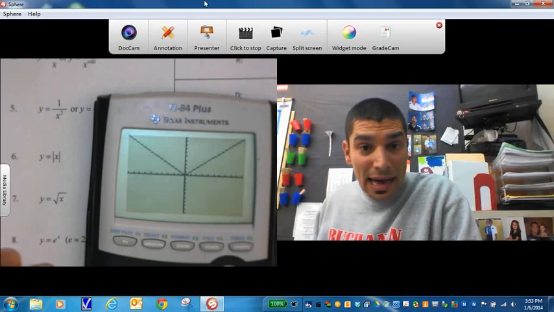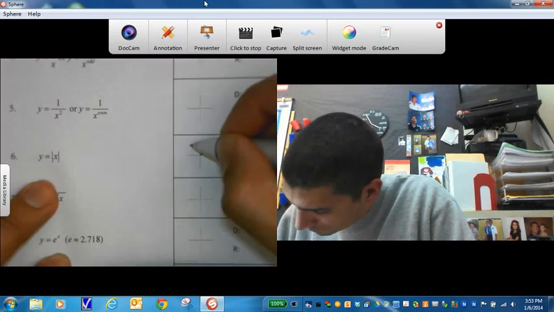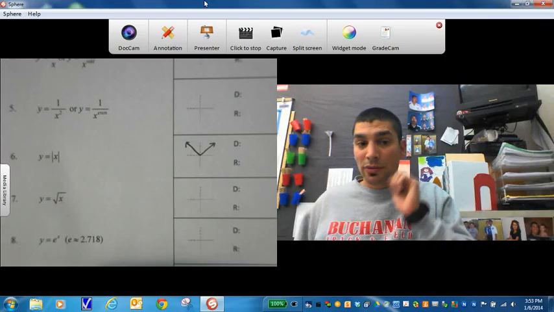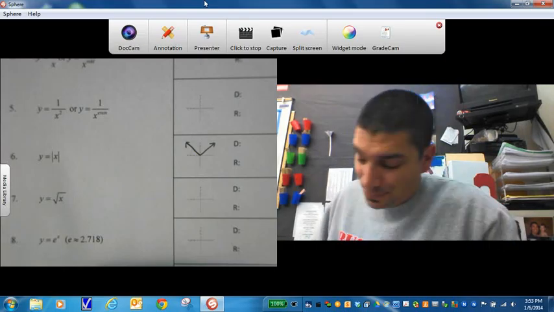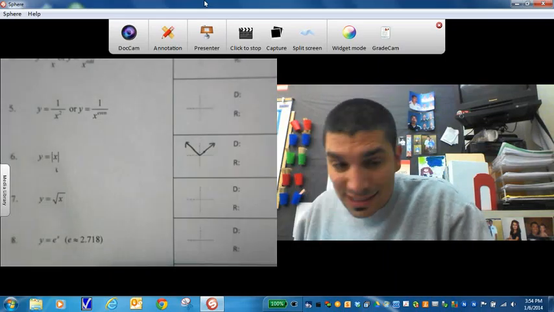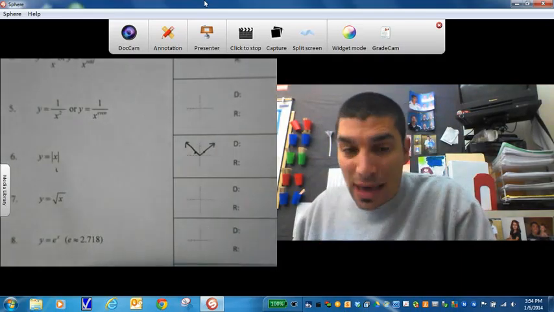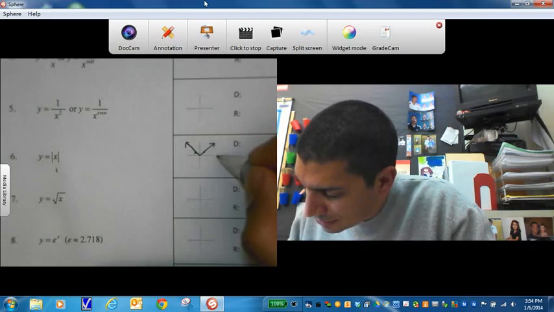That's what my function looks like. I'm going to draw arrows because it goes up forever to the right and to the left. When x is 1, what's y going to be? When x is negative 1, what is y going to be? My domain, I go for all the x's to the left, all the x's to the right. I have all real numbers. My range, y is greater than or equal to 0. Very similar to the one we just did.